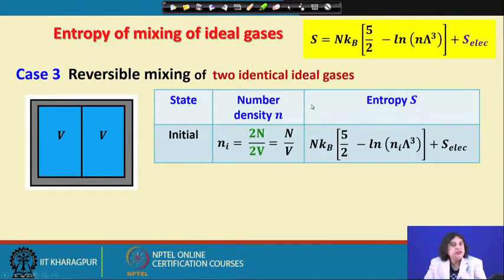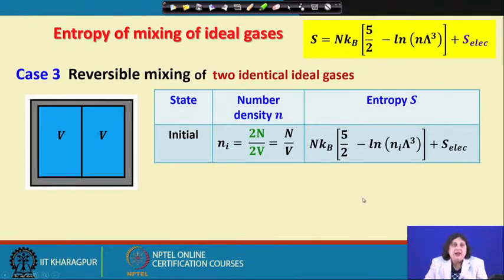We find that in the initial state, I have capital N particles of the ideal gas on this side and capital N particles of the gas on the other side, and therefore, I have a total of 2N particles of the blue type present in a volume of 2V. Therefore, the initial number density is N by V, and accordingly the initial entropy of the system is given by this.